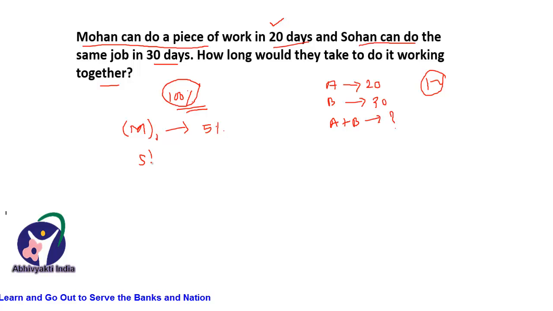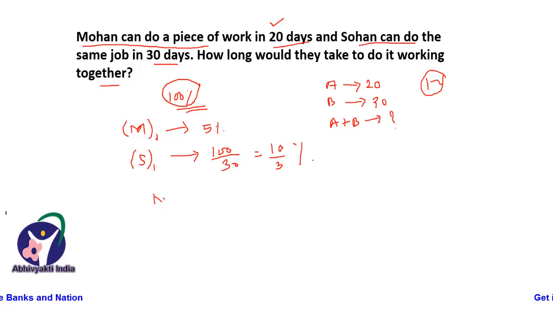And Sohan will complete in one day how much work? It will be 100 by 30, the 0 will get cancelled, and 10 by 3% of work will be done by Sohan in one day.